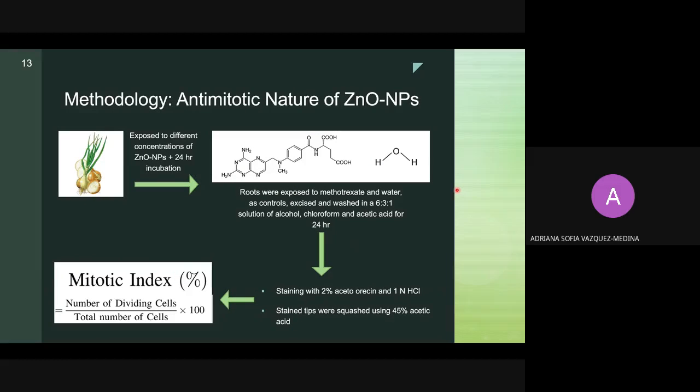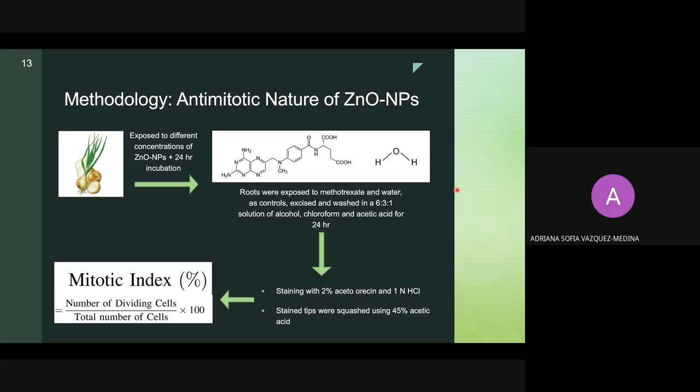The antimitotic nature of the zinc oxide nanoparticles was evaluated using an assay to characterize the genotoxicity of the nanoparticles. They used onion bulbs and they exposed them to different concentrations of zinc oxide nanoparticles for 24 hours. Why did they use the onion bulbs?